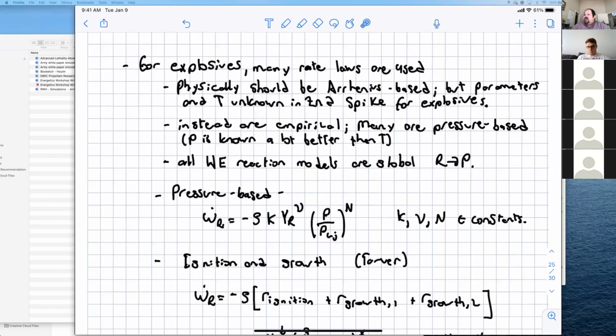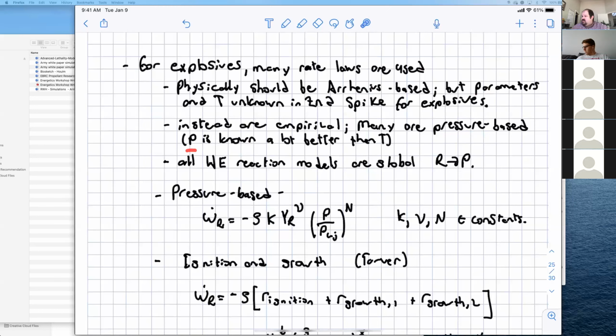in principle, the chemical reactions that describe the detonation of a solid explosive should be Arrhenius based, but that's not reliable. So instead, they are completely empirical. And then they are usually pressure based, because again, you don't know the temperature, yet you need some sort of controlling knob on the chemical reaction.